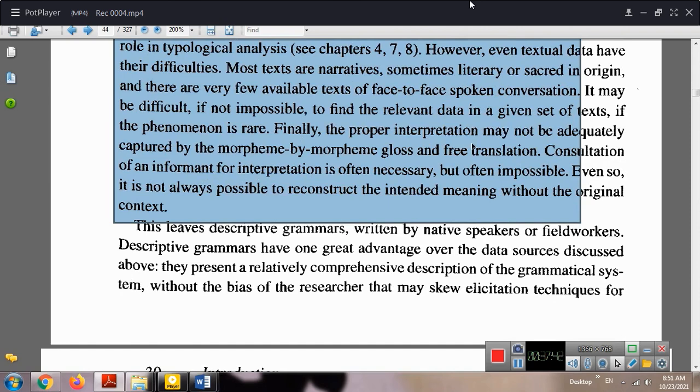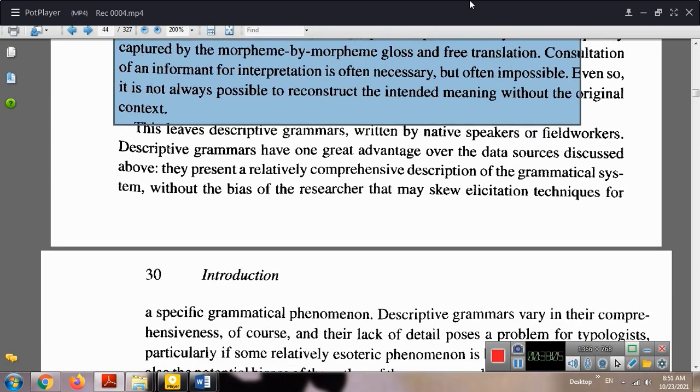Finally, the proper interpretation may not be adequately captured by the morpheme gloss and free translation. Consultation of an informant for the interpretation is often necessary but often impossible, even though it is not always possible to reconstruct the intended meaning without the original context.